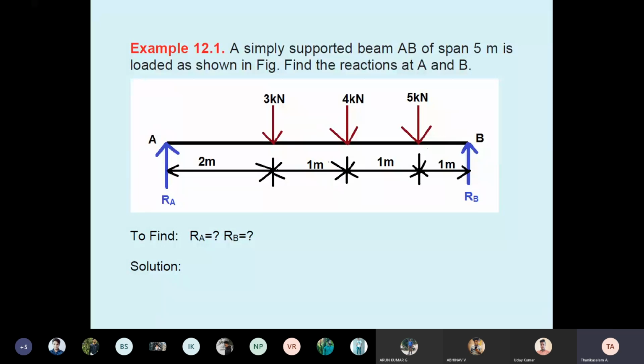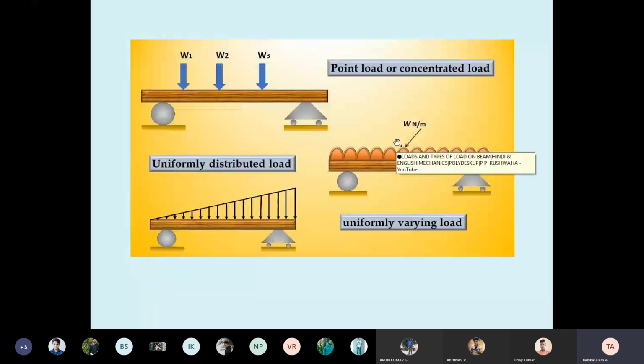Span, SPN, is 5 meter. What is span? Span means the distance between the middles of the two supports. Support A is at A, support at B. See here, what does span mean? For example, take the last diagram, with a roller support here and here also a roller.